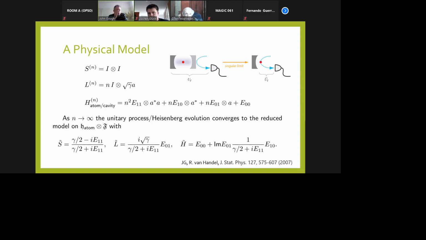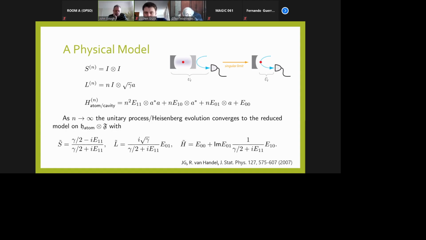So now we've got a quantum stochastic differential equation where some of the coefficients are allowed to become infinite. That's going to be our scaling limit. So what we were able to show, and we did this by using some results on quantum stochastic limits, where we had to do a Dyson series expansion.